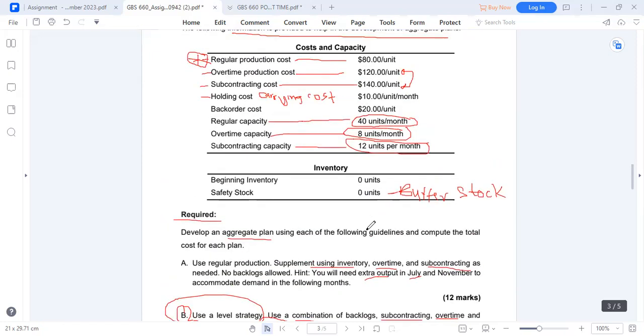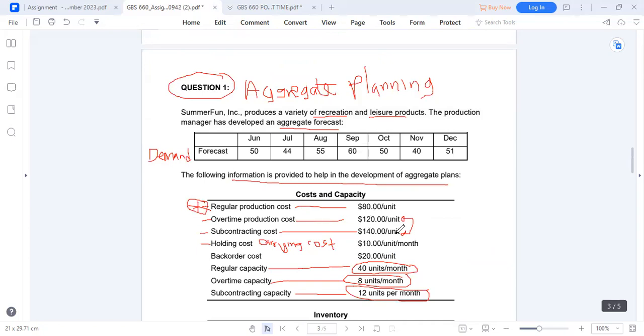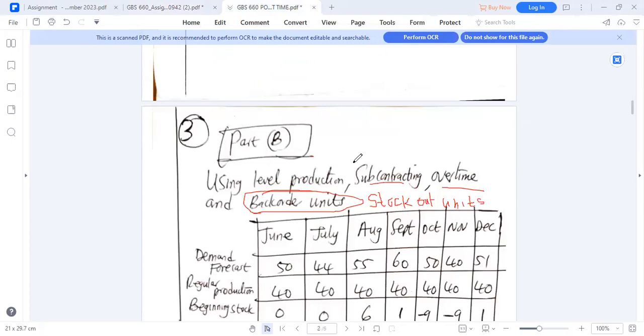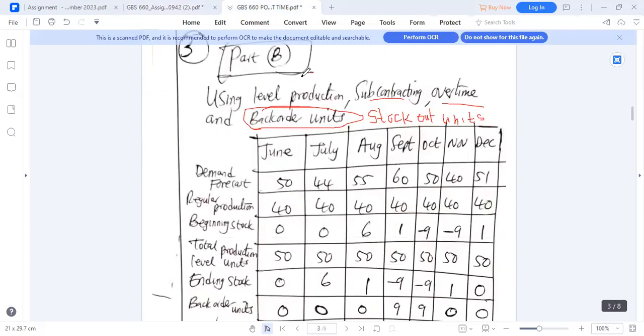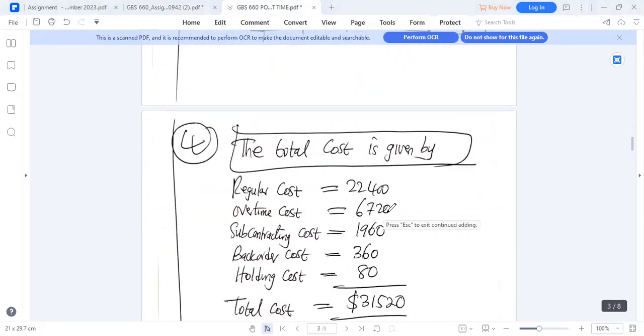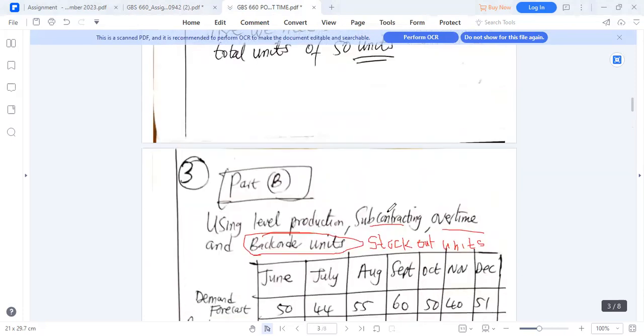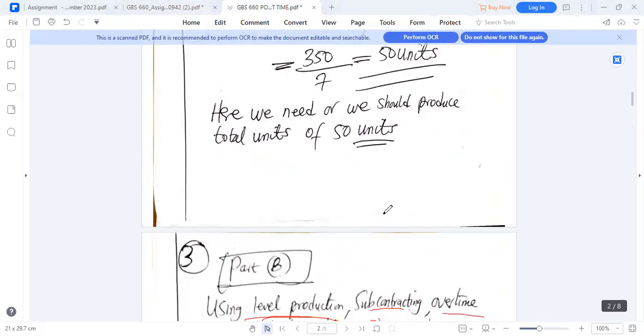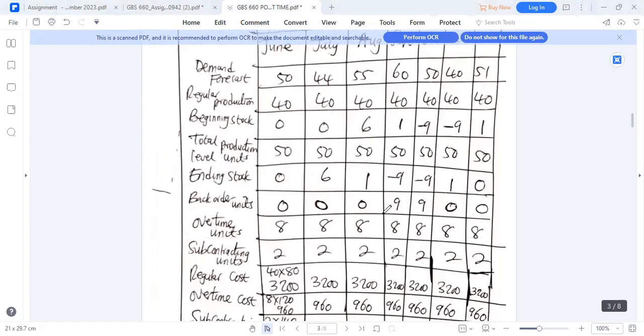So what it means here is that we are supposed to go back to the boundaries, but before that, we need to first and foremost get down to the level production. The formula here is that on the level basis, level production should be summation of demand.